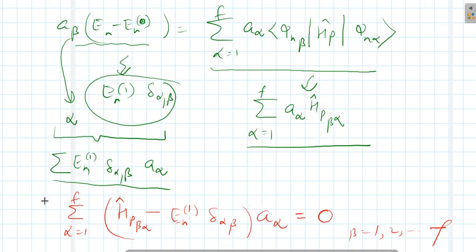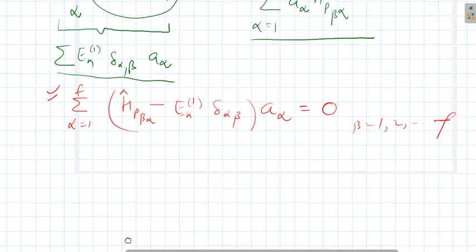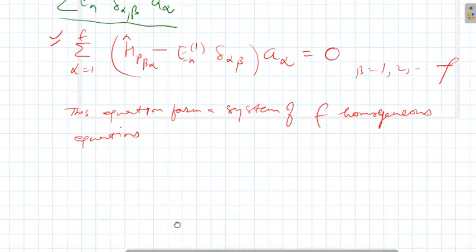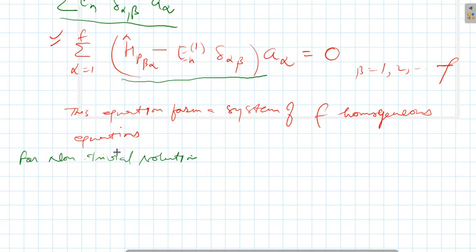And what will this equation represent? This equation forms a system of F homogeneous equations, and for a non-trivial solution, the determinant corresponding to this must be equal to 0.